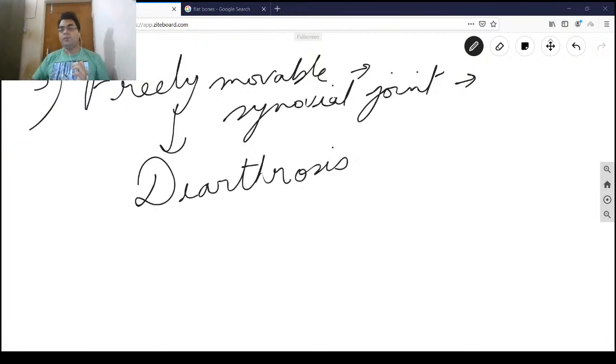This connection which I explained to you in the last class never moves, but it is a cartilaginous joint, so it will fall under synarthrosis.